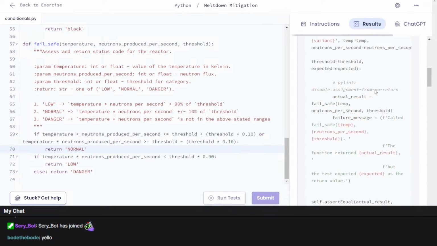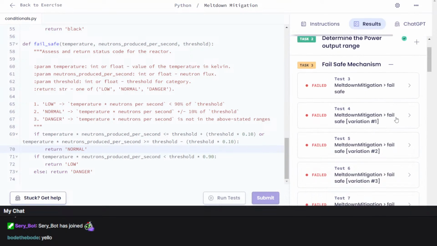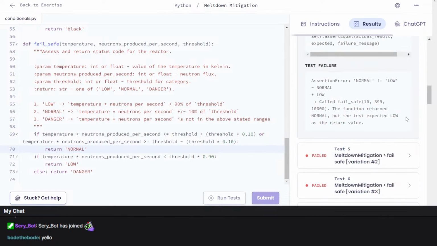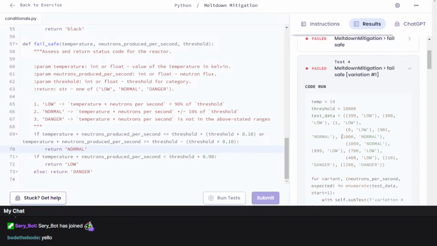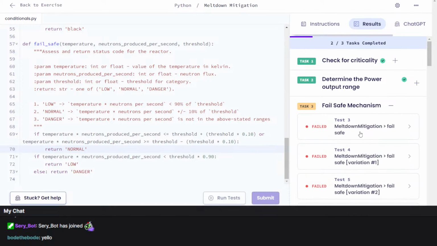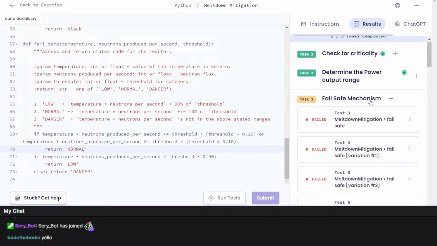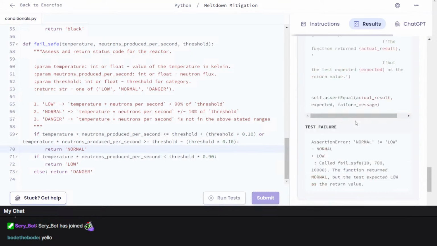Maybe I should do the math in my calculator too, just to be sure this formula makes sense, because then maybe I'll figure out why it doesn't work. I still don't understand why everything's returning normal. Normal. Okay. I wonder what tests 1 and 2 were, because I assume I passed them.